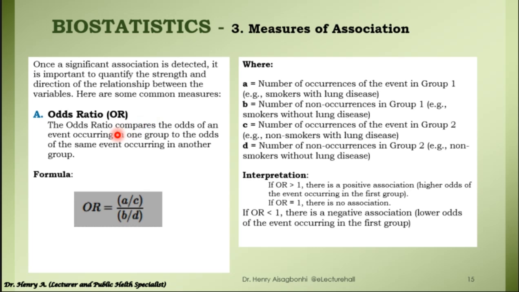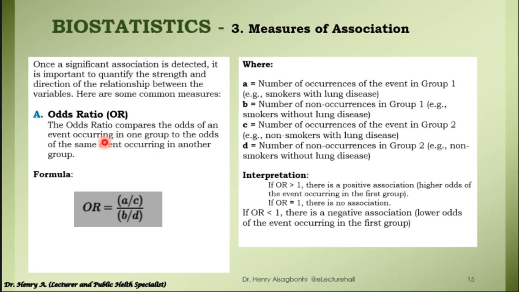If there is a rejection of the null hypothesis, confirming a significant dependence and association between the variables, then you want to know the odds ratio. You compare the odds ratio to know the level of strength of that relationship. So we use the odds ratio, and then we use the relative risk.